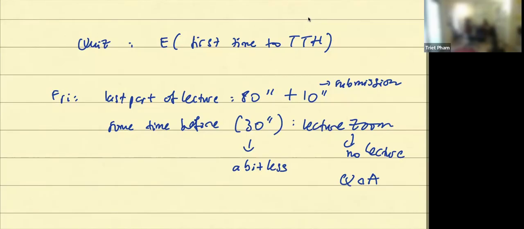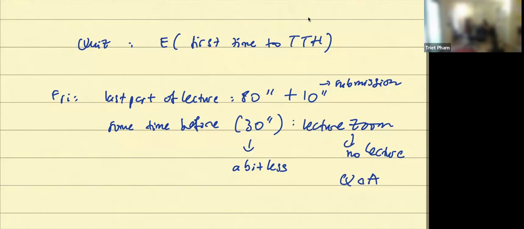Strong warning: that session is not for fire rescue, like my Lockdown Browser doesn't work, what can I do? I don't think anything can be done in that 30 minutes. It's solely meant for conceptual clarifications you want to ask, or maybe something about the structure of the exam you want to clarify.